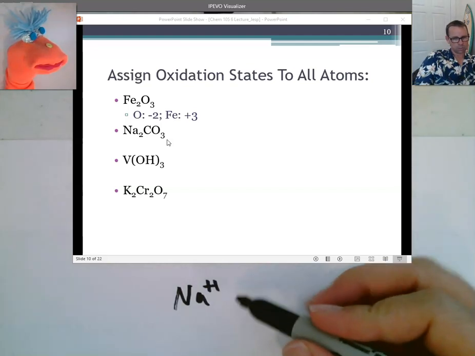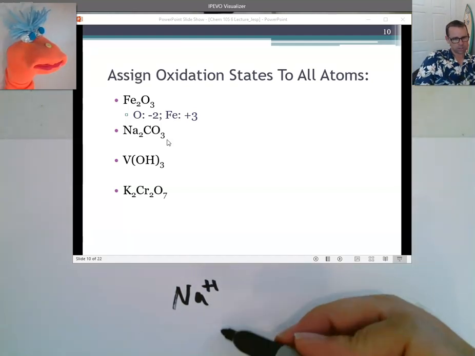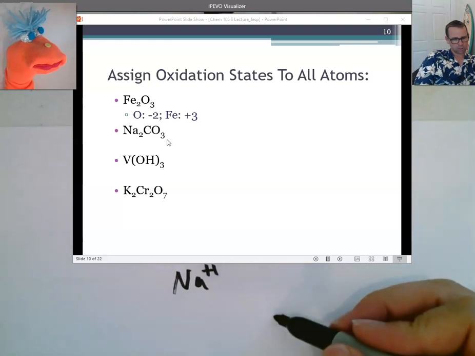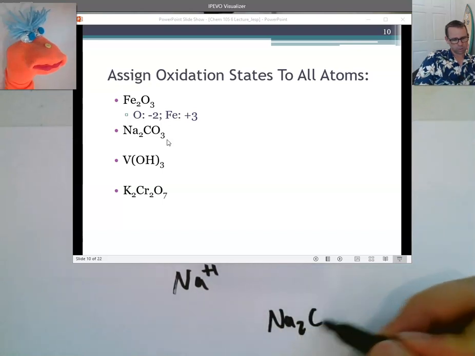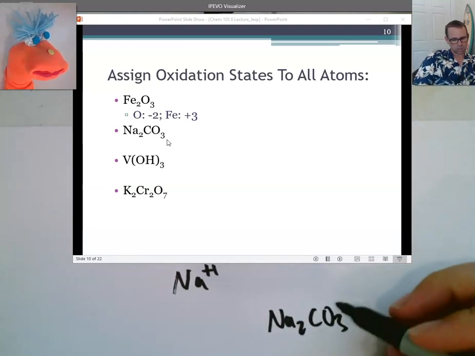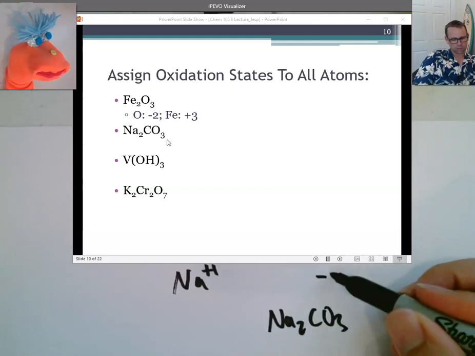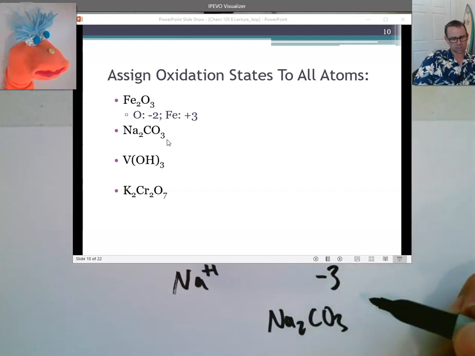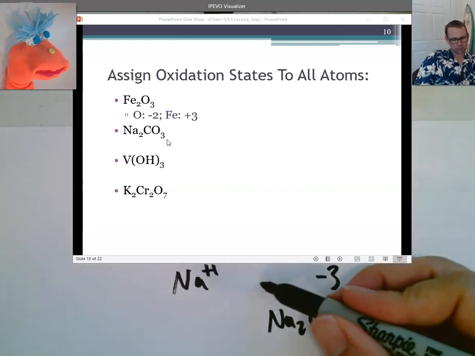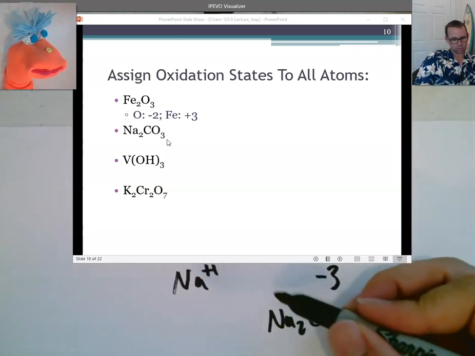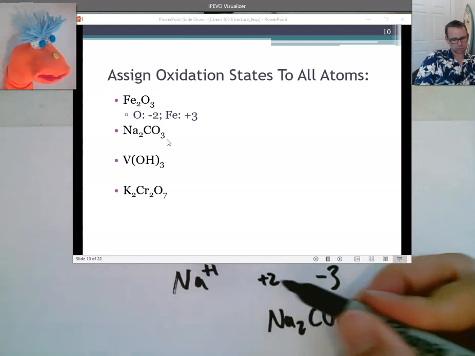So if I have sodium with a +1, and I look at this compound here, Na2CO3, oxygen's a -2, so that's 3 of those -2s, a -6 altogether. And the sodium had a +1, and there's 2 of the +1s, so that's a +2.